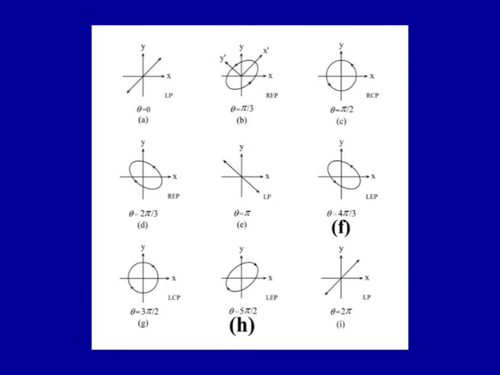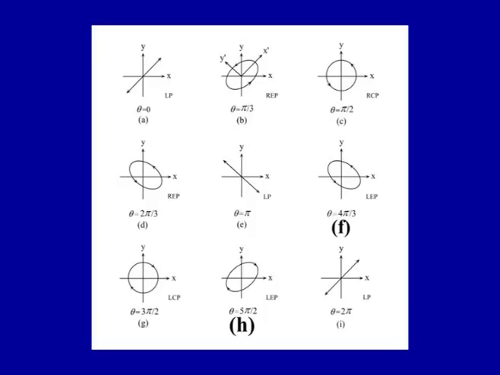So, such a wide change in the resultant is found depending on the phase difference between the two vibrations. The two vibrations are perpendicular to each other, their amplitudes are equal, A1 is equal to A2. The only difference is the phase difference.